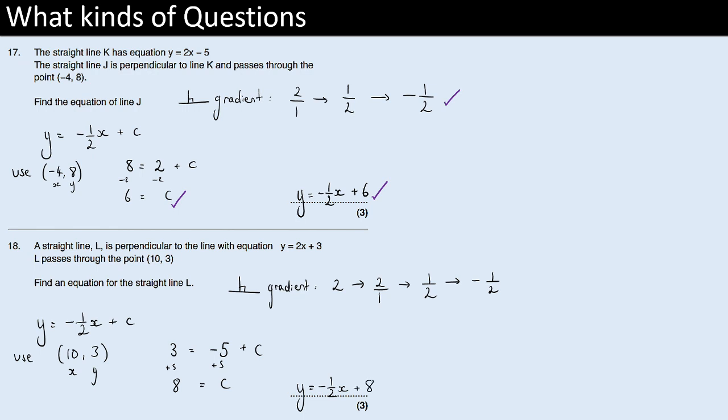And there we go. And I would say that the marks pretty much go in exactly the same places: 1 for your perpendicular gradient, 1 for your value of c, and 1 for the final answer. And you can see these are pretty nice. This is a very staple grade 6, maybe pushing towards the boundaries of 7.